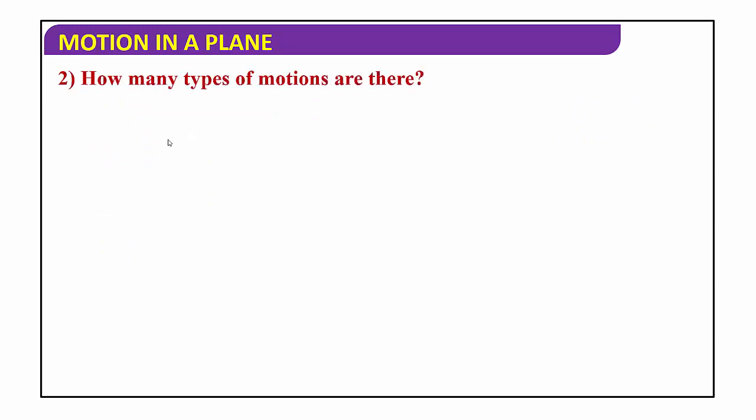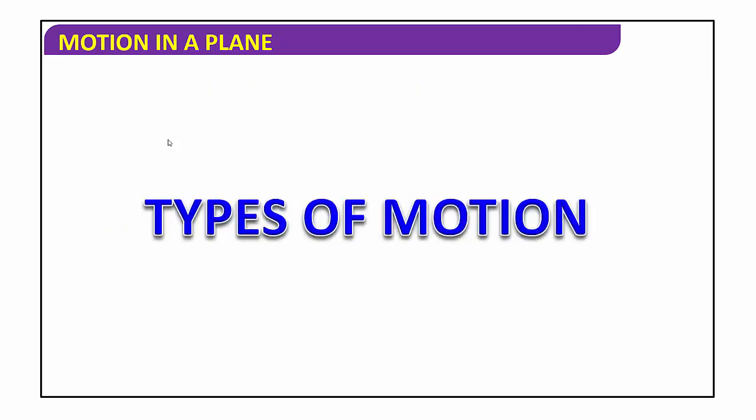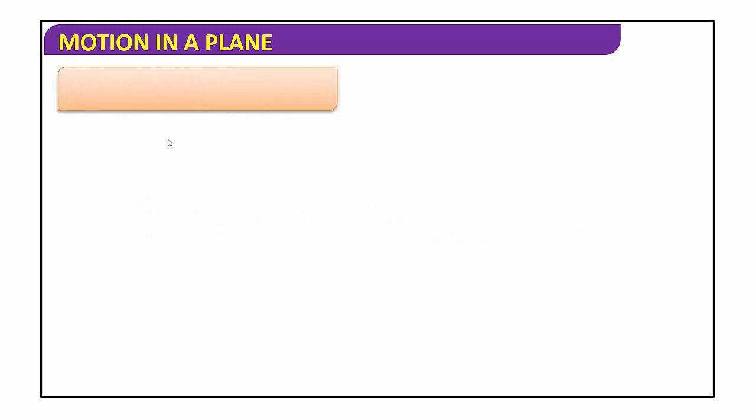Then the second question: how many types of motions are there? Options: 2, 1, 3 and 4. There are three types of motion: motion in one dimension, two dimensions and three dimensions.